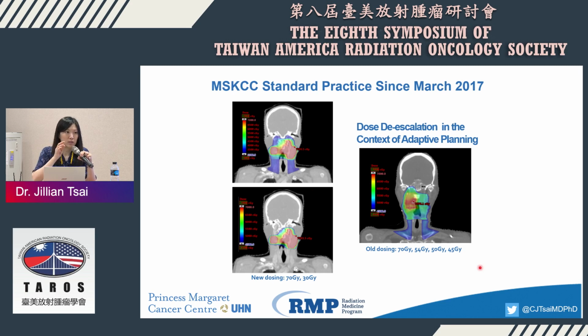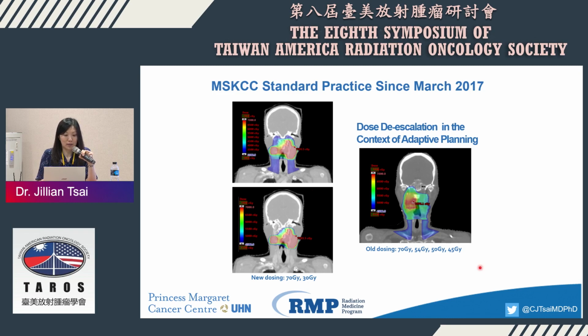So that was a long time ago, but that actually served as a basis why we thought 30 gray might work with concurrent chemo, although it's not mitomycin, but it was a similar type of cancer. So that's why we decided to go to 30. That's one of the reasons.